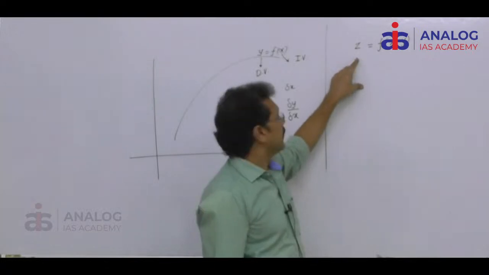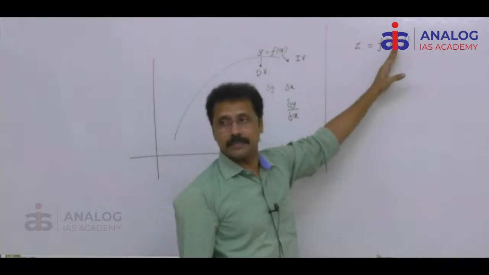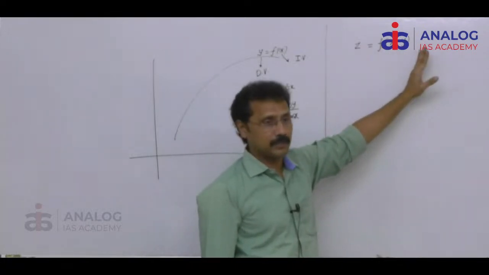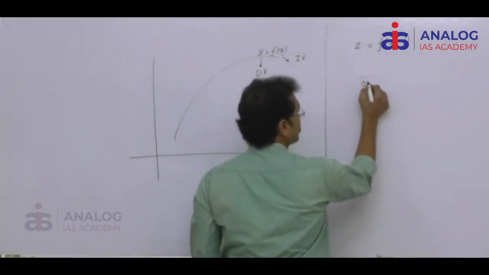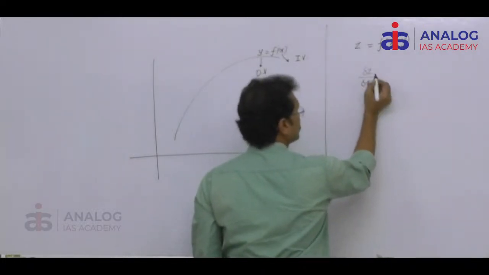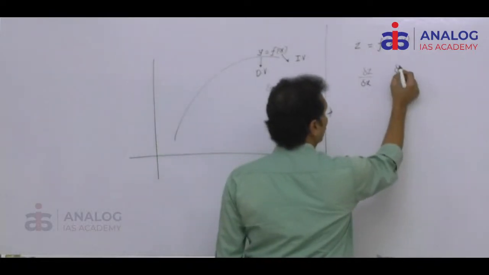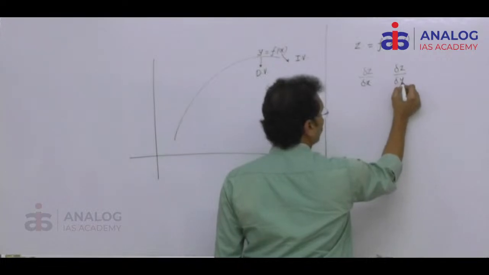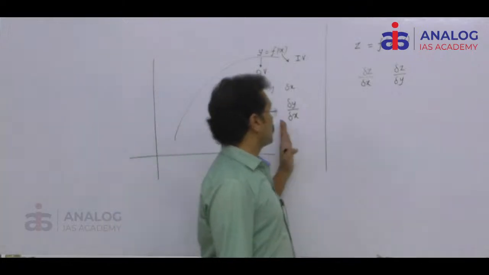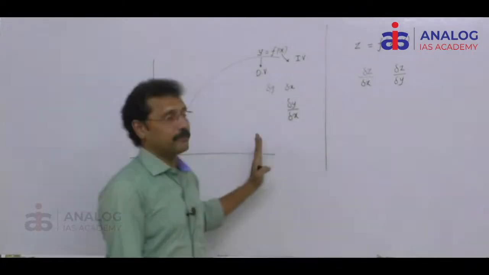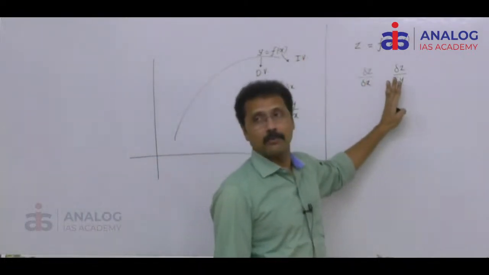Therefore the changes in z partially depend on changes in x and also partially depend on changes in y. Here also, when there are certain changes in x, there will be certain changes in z, we call them delta z by delta x, or similarly delta z by delta y. But to distinguish between this concept and the concept wherein you have only one independent variable, here we have more than one independent variable.